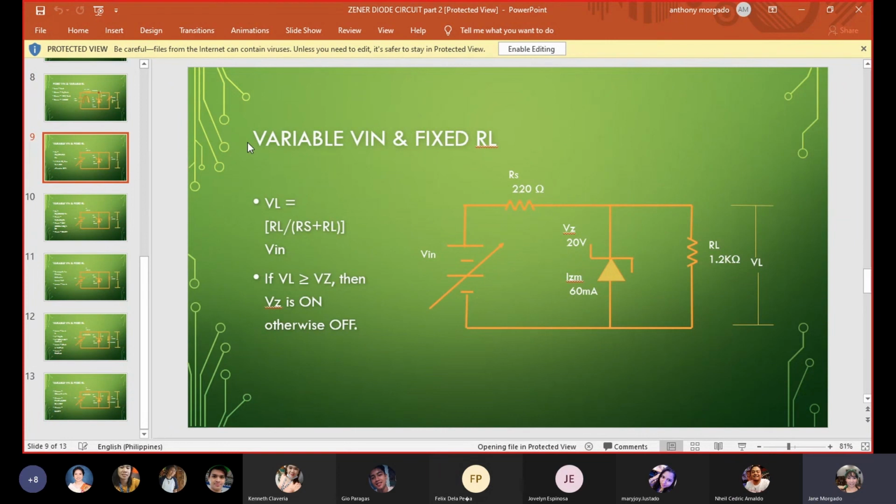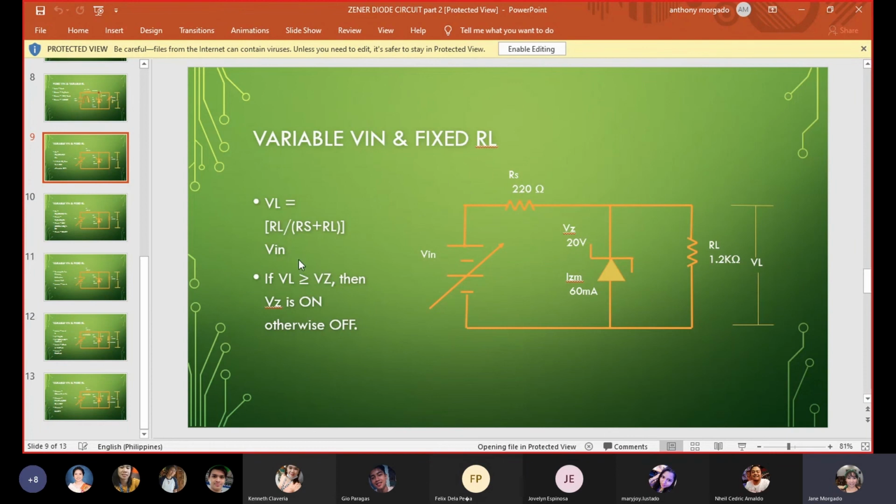Okay, so we have variable input and fixed RL. This time, this is what we are looking for. What do we call this formula? VL is equal to RL over RS plus RL times V in.